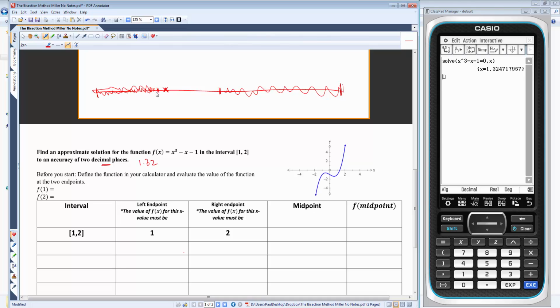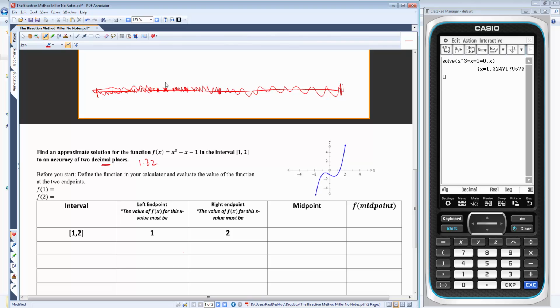So I'm looking between here and here, I find the midpoint, I find that the cross is on this side, so I can get rid of this. Midpoint of this and this, midpoint of this and this, and I'm getting really close now. Essentially that's the way the bisection method tries to hone in on the root or the zero or the x-intercept or whatever you want to call it.